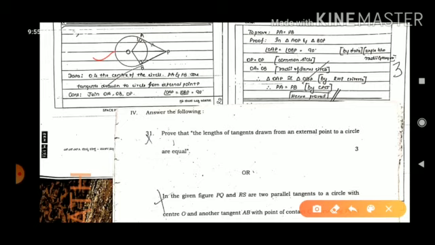They won't give full marks directly. For each step there will be separate marks. Clear? So write data, construction, to prove, proof, and proving. Here, as you all know, it is the second theorem. So prove that theorem by using the RHS criteria and using CPCT, and you can prove this easily.